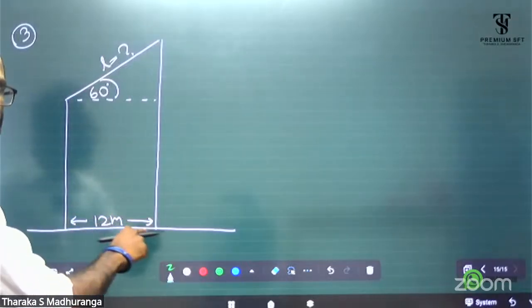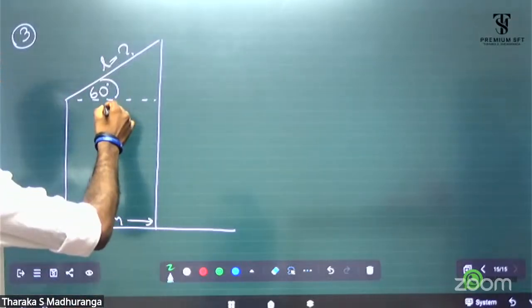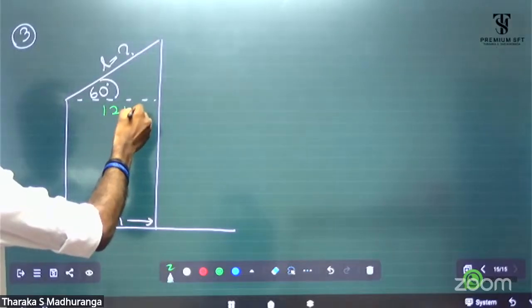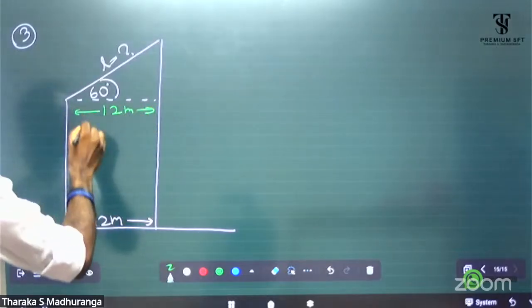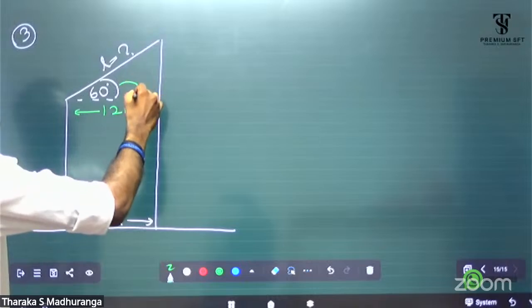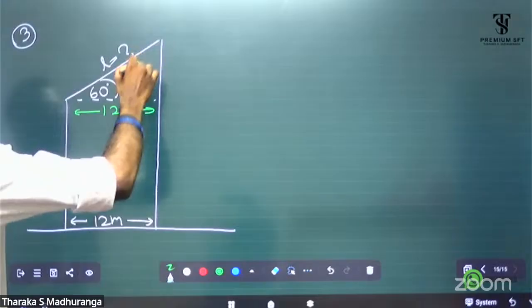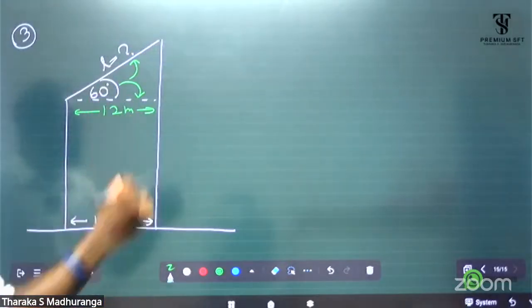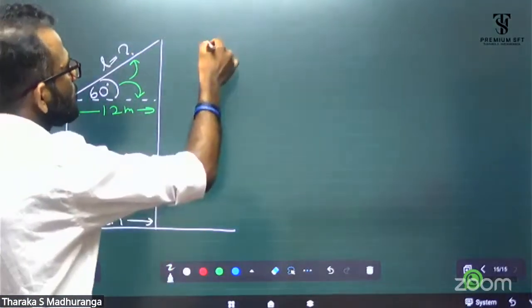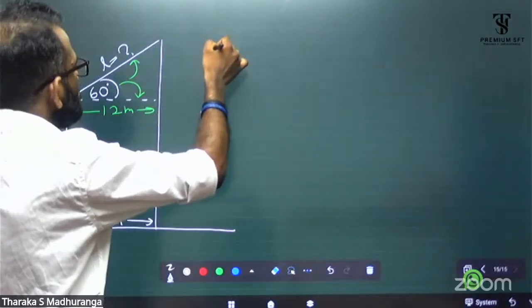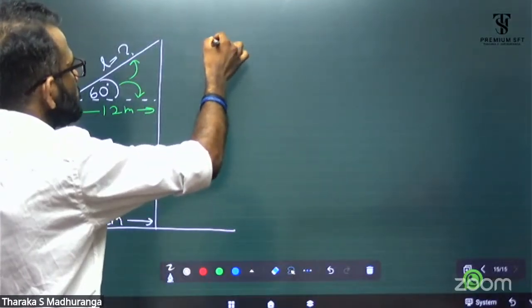The gap between two towers is 12 meters, then this line length is 12 meters. Now this is adjacent and this one is hypotenuse. The relation between adjacent and hypotenuse is cos.